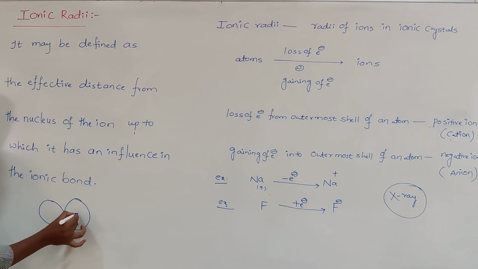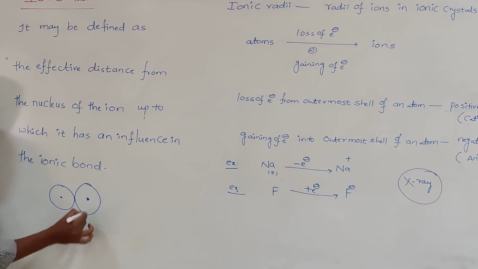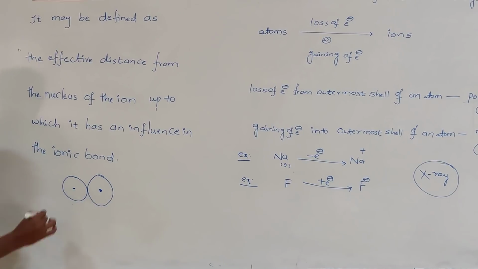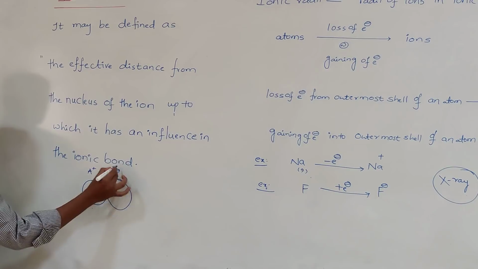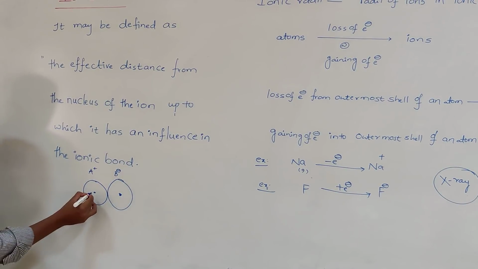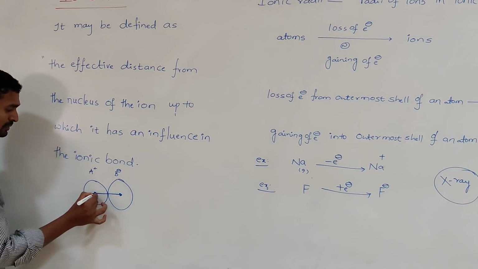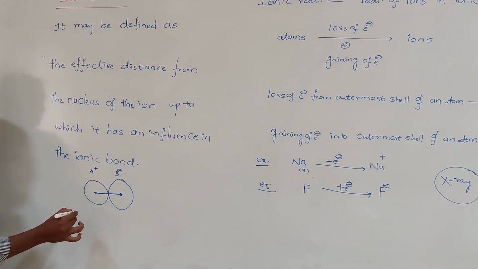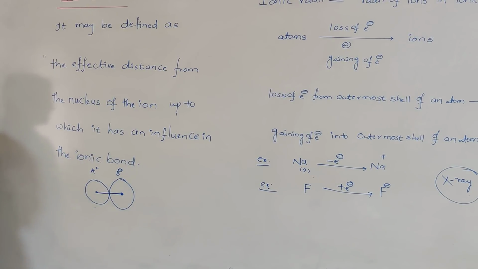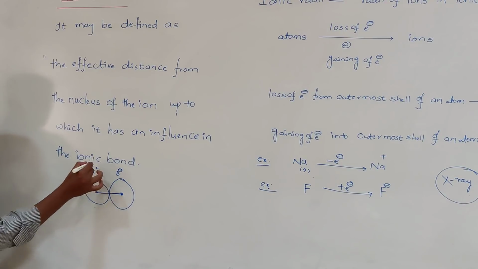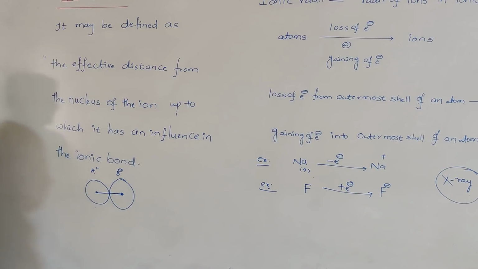This is a positive ion and this is a negative ion, and these two are the nuclei of the ions respectively. Say, for example, A plus and B minus, a positive and a negative ion. First we calculate the distance between the two oppositely charged ions present adjacent to each other. This is called the internuclear distance. From that we can assign the radii of the cation and anion.